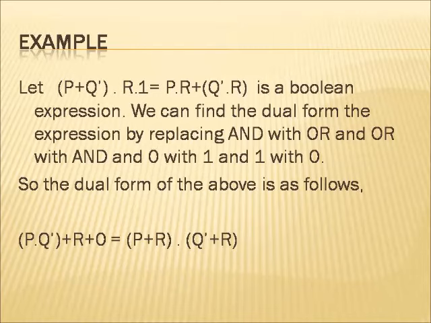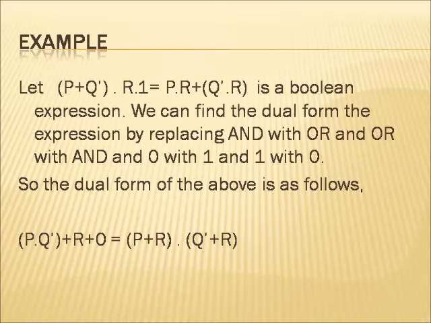So we replace that plus or the OR operator with AND. So that is P dot Q bar. Then there is an AND operator next. So we are replacing that with the OR operator. Then R dot 1 is replaced with R plus 0.